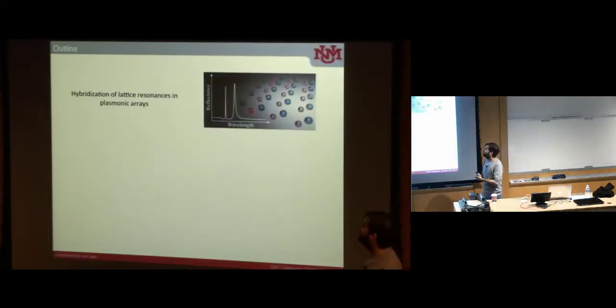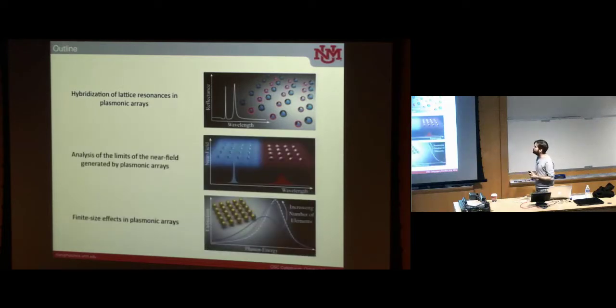The three projects I want to talk about are summarized here with these artistic figures. They are essentially about trying to understand how, when you have an array of particles and you start playing with the unit cell, putting more particles on the unit cell and moving them around, you can predict the response intuitively and then engineer that response.